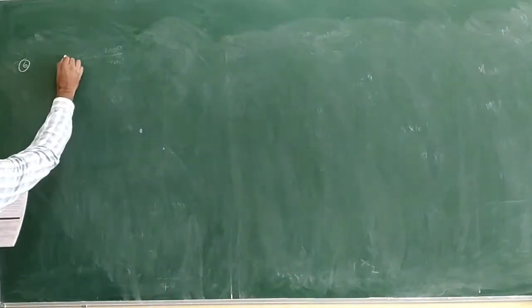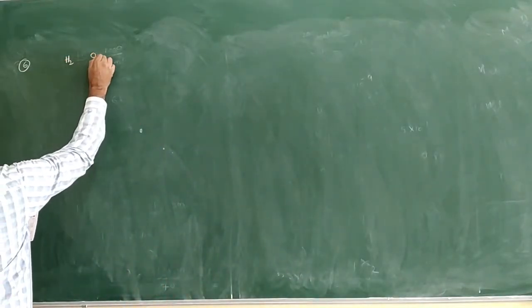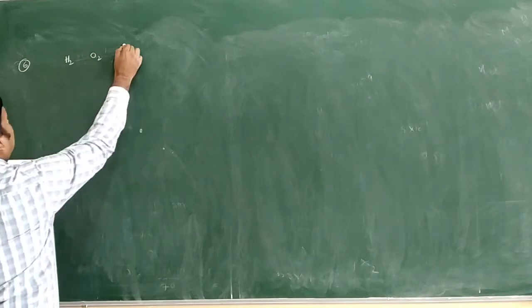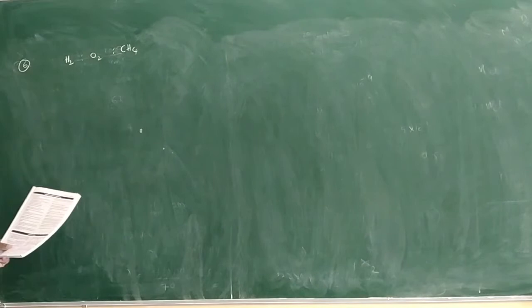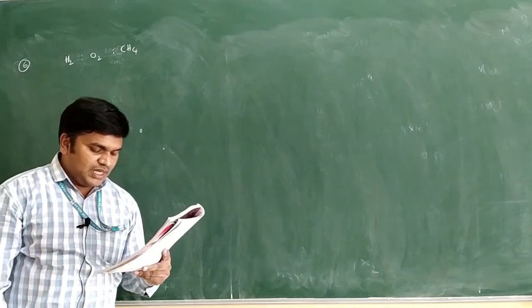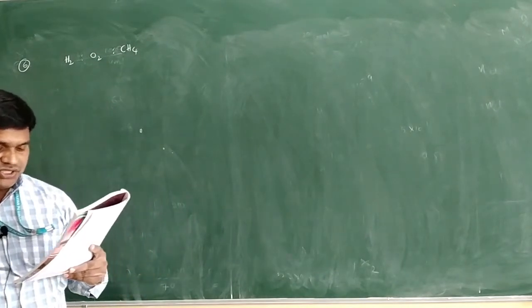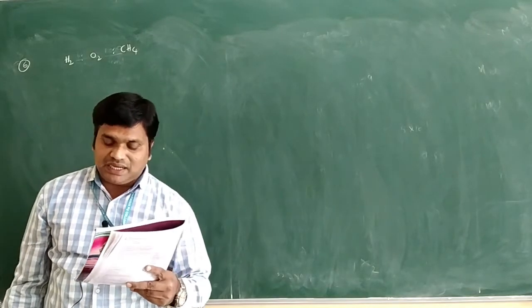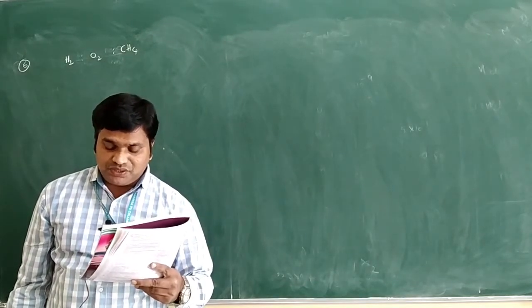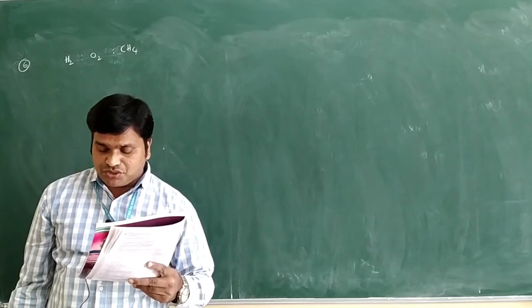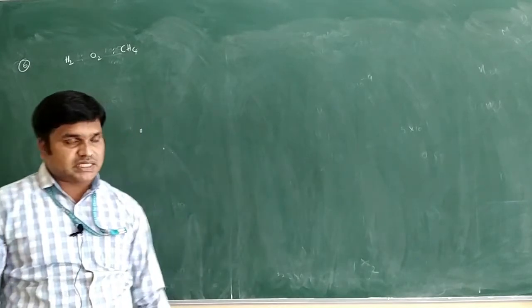We have H2 and O2 and CH4, and the ratio is asked. Okay. So masses are equal, they are telling, and volume V at temperature 27 degrees Celsius under identical conditions. What is the ratio of the volumes of these gases? H2 is to O2 is to CH4 they are asking.